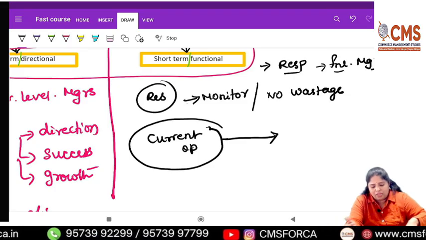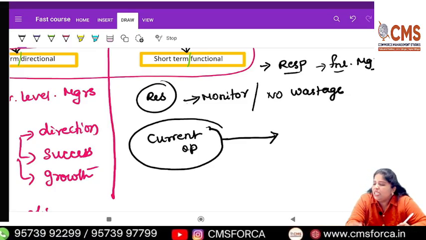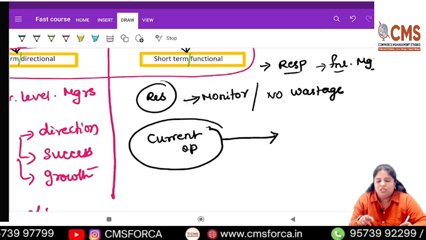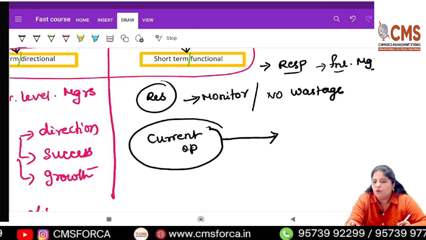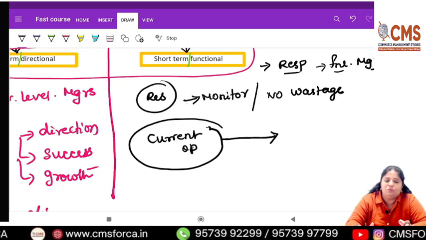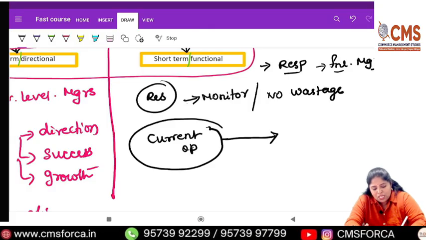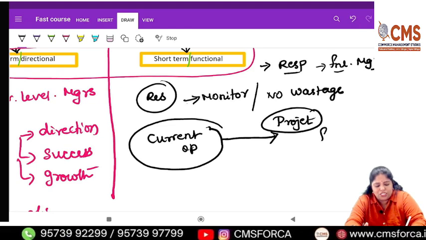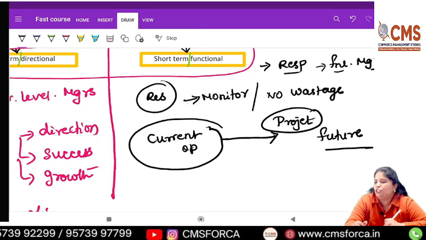So how the current operations may shape up in the future, that decision will be taken and that flow will be controlled by operational managers. So they try to project current operations into the future.